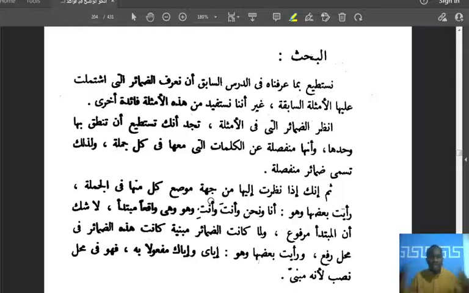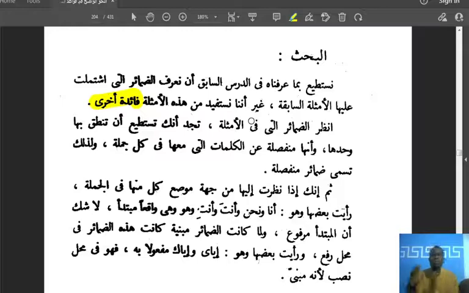So with what we've learned previously about what a ضمير is, when you look at this sentence, you can know the kind of pronouns that it contains. غير أننا نستفيد من هذه الأمثلة فائدة أخرى, except that we get another benefit from these examples. غير أن means even though.